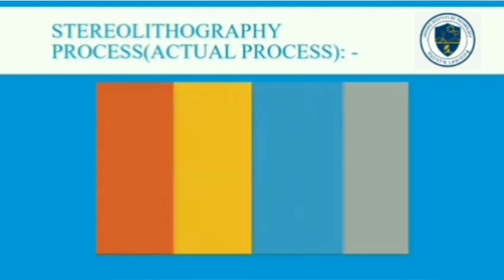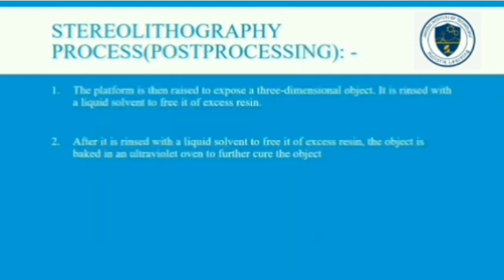This is the actual process done in stereolithography machine. Next move for post processing. The 3D model is removed from the elevator safely and rinsed with liquid solvent to remove the support structures from the real model. After support structures are removed from the real model, it is placed into ultraviolet oven to cure properly.